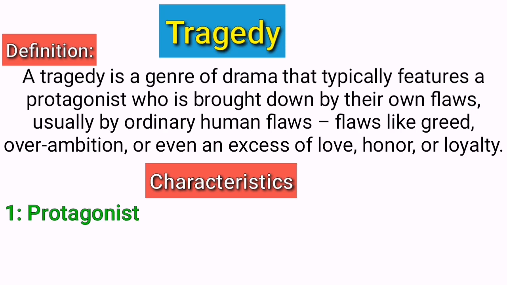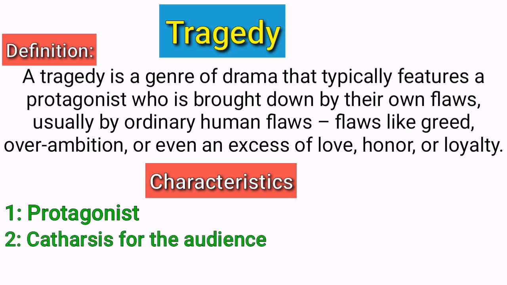So this is the first characteristic of a tragedy, that there will be a tragic hero. The second is a catharsis for the audience. It means that the audience is meant to feel pity and fear for the hero, but also to understand their flaws and to see how their downfall is a result of their own choices. This can lead to a catharsis, or a feeling of relief and understanding.